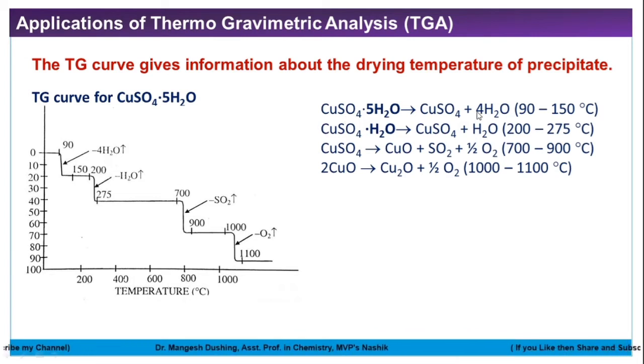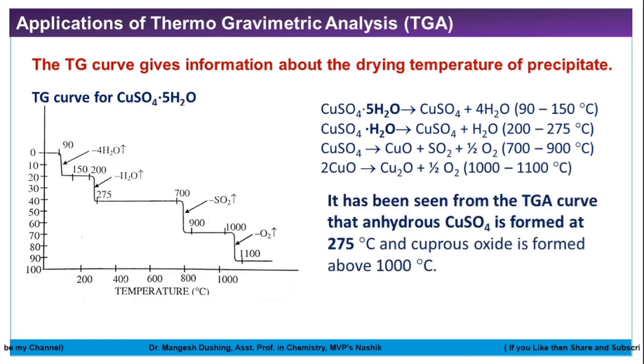Suppose you want this substance, copper sulfate plus H2O, then you have to heat at 90 to 150 degrees Celsius. If we want cuprous oxide, then we have to heat at 1000 to 1100 degrees Celsius. So from this we are getting a drying temperature as well as the appropriate ignition temperature.